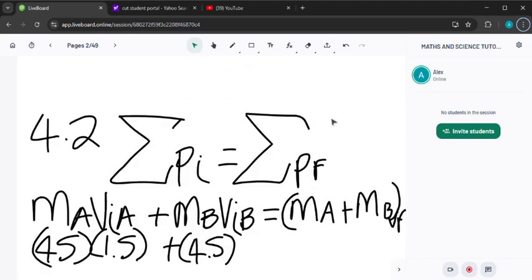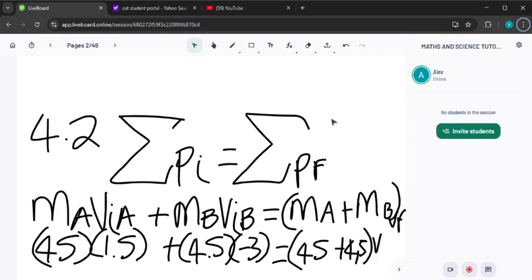So it's equal to the mass of the boy 45 plus the mass of the skateboard 4.5 multiplied by the final velocity.